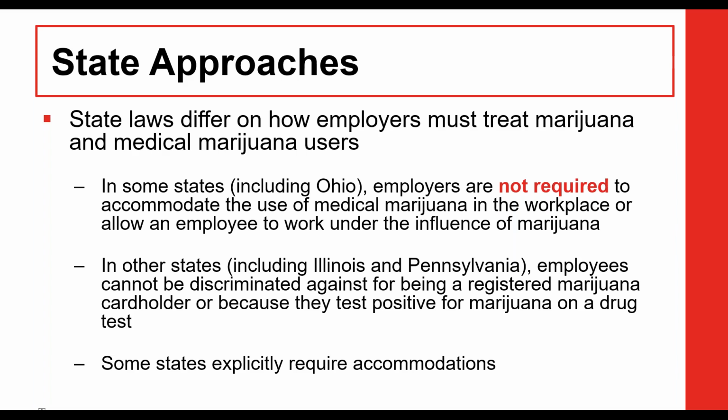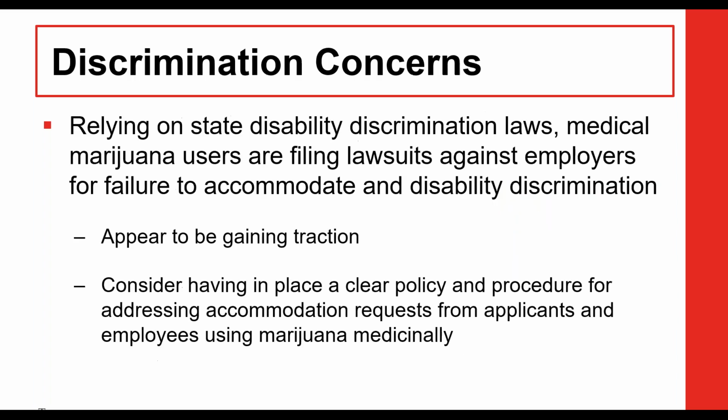And so, some states explicitly require employers to go through this reasonable accommodation analysis with employees to determine, is there anything that we can do to accommodate your use of medical marijuana under the state scheme?